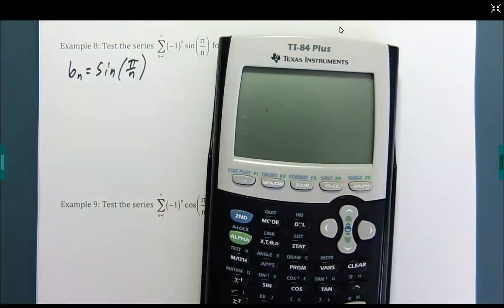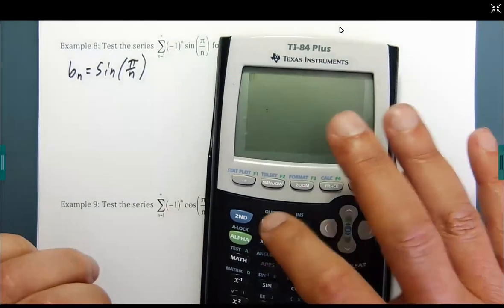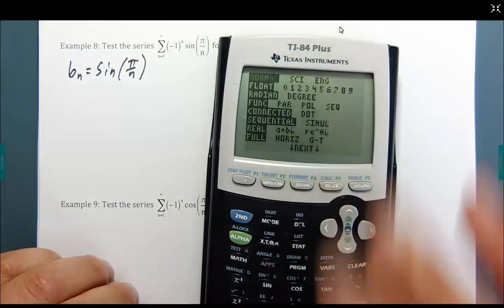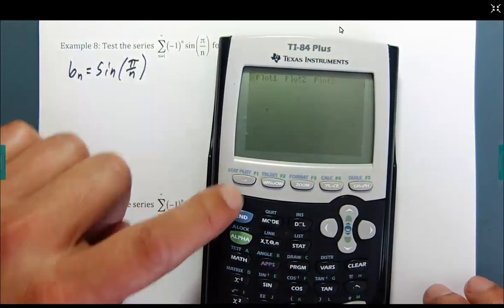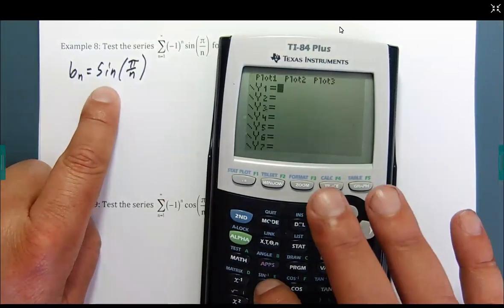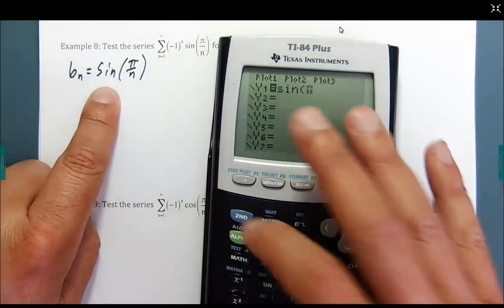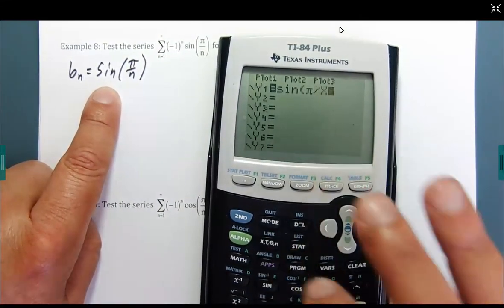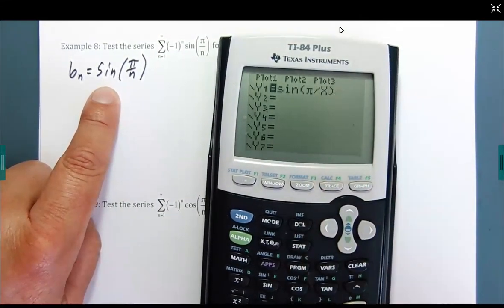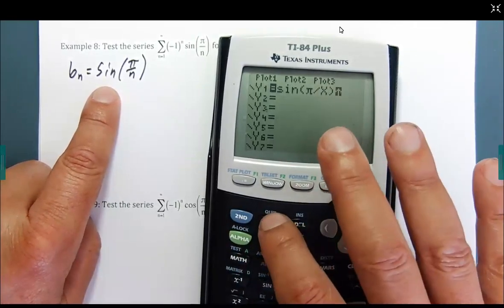Let's see what we get. First of all, I need to be in radians. I'm in radians. And I'm going to put this into here, sine of pi divided by, let's call it x. And I'm going to evaluate this as n is increasing.